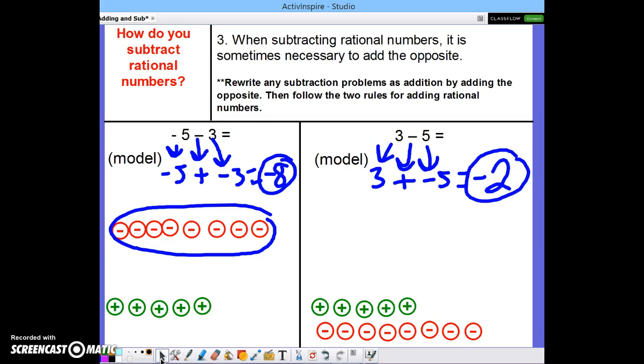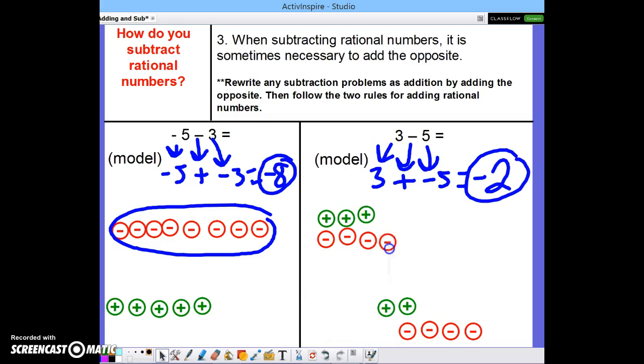And that will be illustrated with the model. 1, 2, 3 positives, and then I'm going to add 1, 2, 3, 4, 5 negatives. I can see that these pairs cancel, and I'm left with 2 negatives.